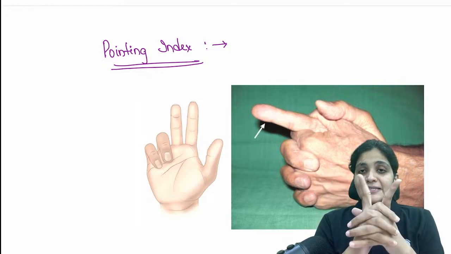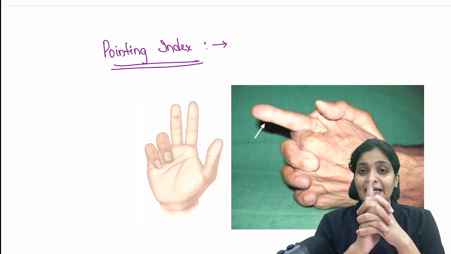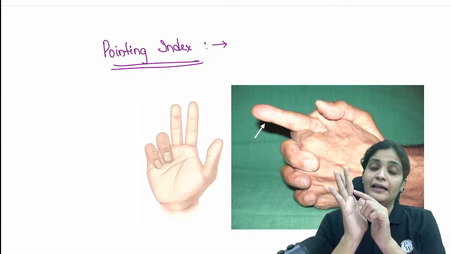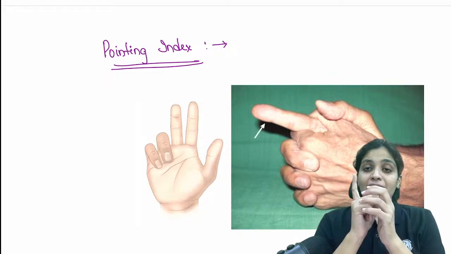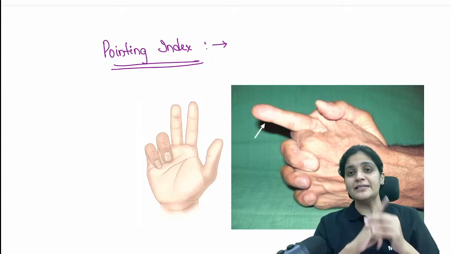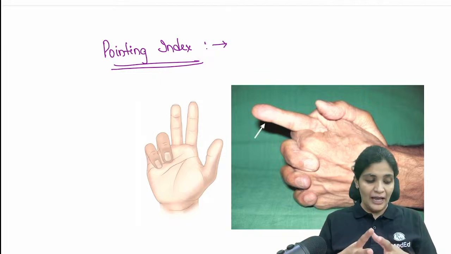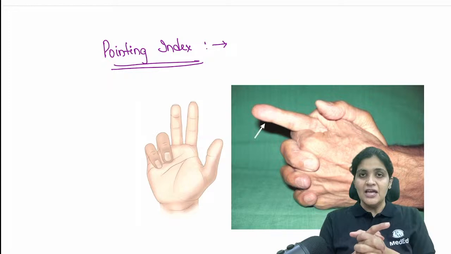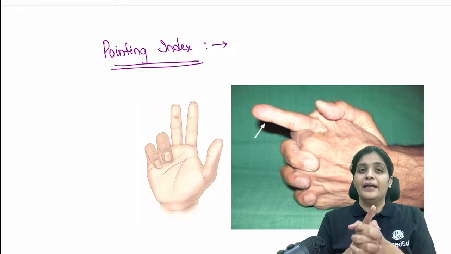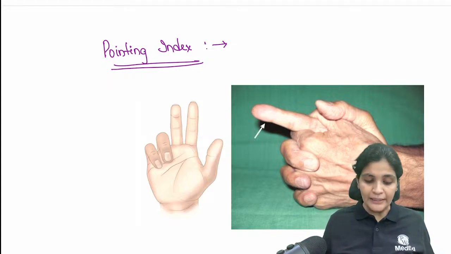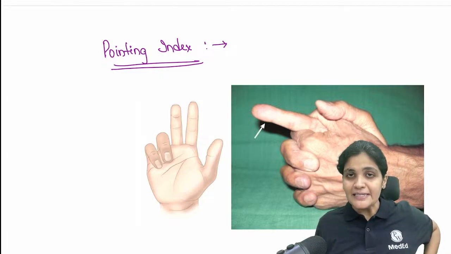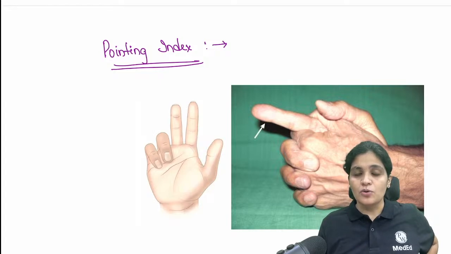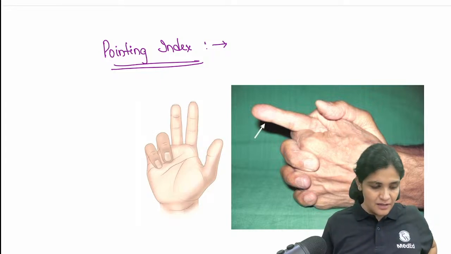This index finger is entirely supplied by its individual flexor, right? The middle finger has some connections with FDP and FDS, but the index finger is individual. Hence, whenever you have this, the index is pointed. So this is called the pointing index, because the flexors of this are completely damaged, right?